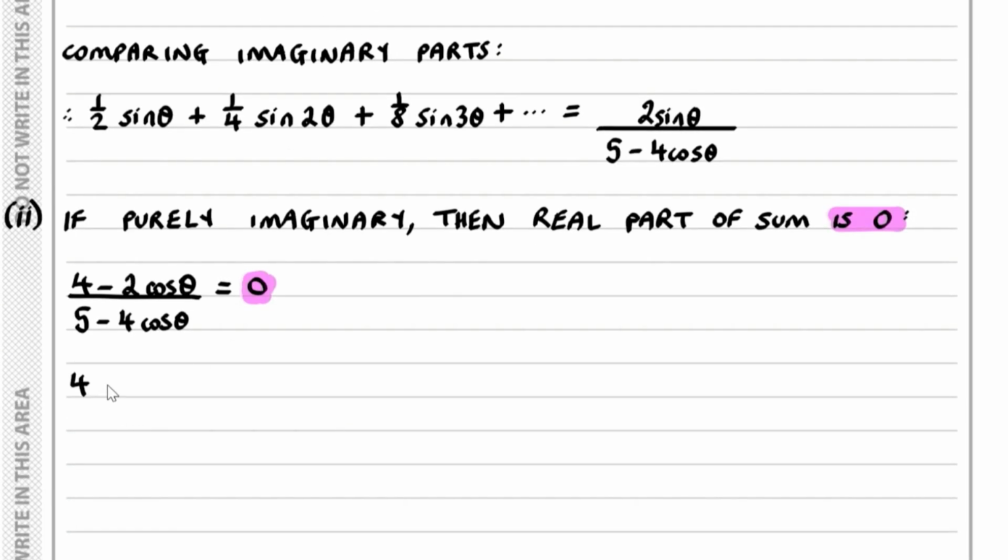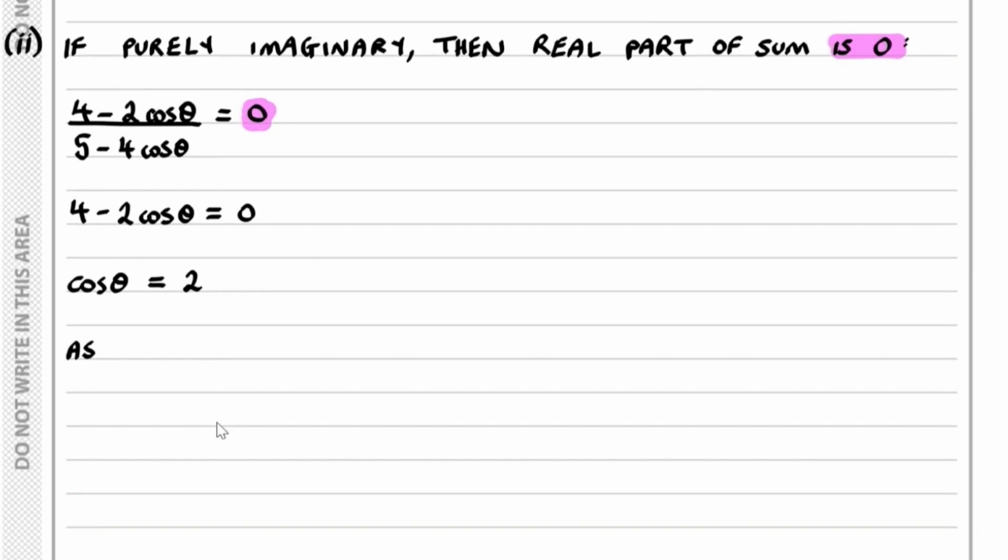So we've got 4 minus 2 cos theta equals 0. Cos theta equals 2. Now, we know already cos theta must be in between minus 1 and 1.